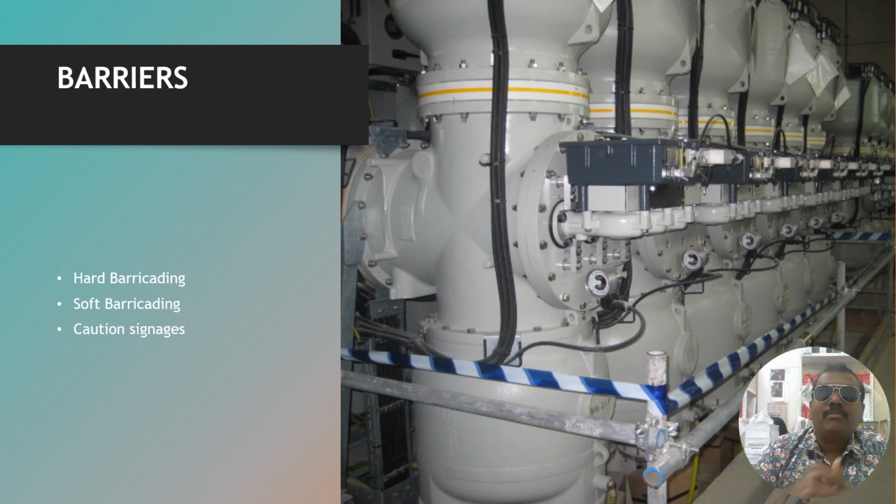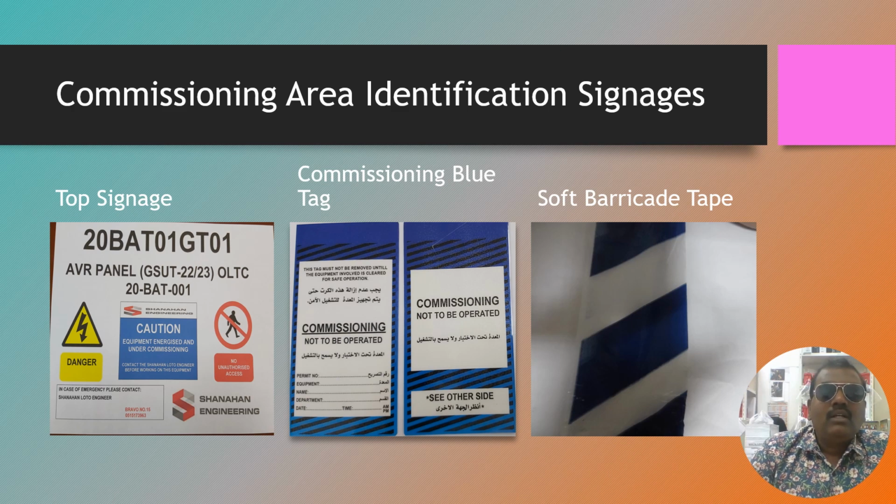So always in a project there should be a minimum of 2 to 3 kinds of barricade tapes. Example: for construction one color, for commissioning one color, for radiography one color, so that the people working on the site can easily identify them and react to that condition. So these are some ideas.